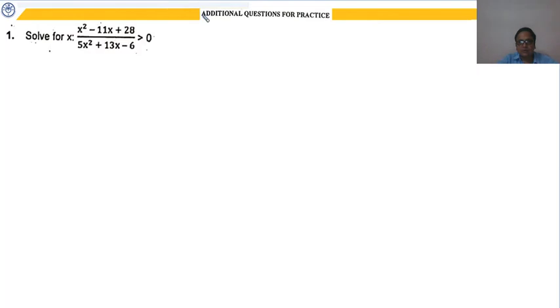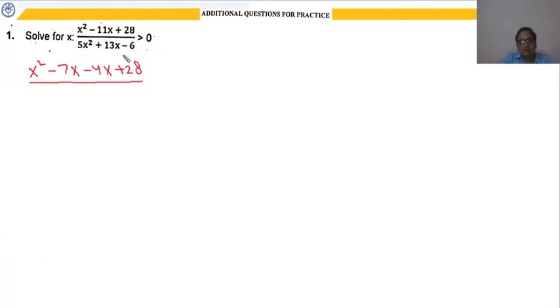Now, coming to additional questions for practice, question 1. We have to solve this. First of all, we have to factorize this expression, numerator as well as denominator. It's 28x square, so we can take 7 and 4 as the factors. We can write the numerator as x square minus 7x minus 4x plus 28.